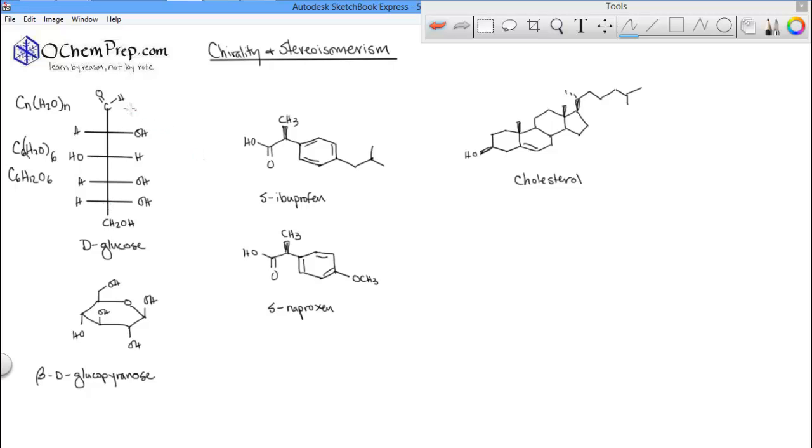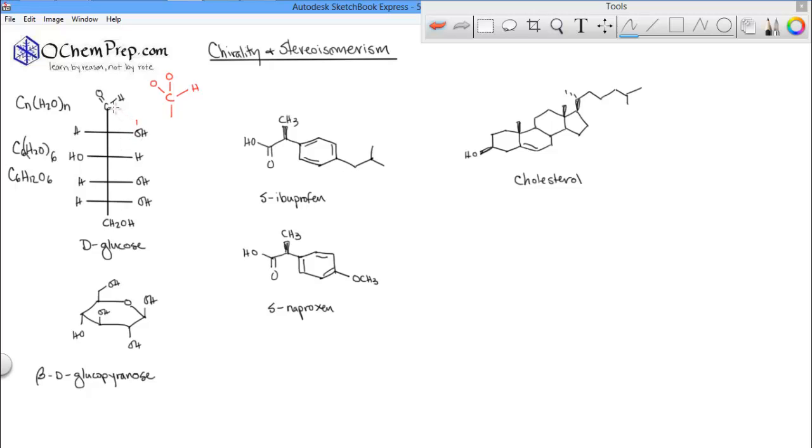So it's always good to practice R's and S's. One thing, if you want to count this, according to Cahn-Ingold-Prelog, an aldehyde is counted as a carbon attached to two O's and an H. So instead of a double bond to an O, it's counted like this. So now when we look at this carbon right here, oxygen gets the 1 because oxygen beats carbon.